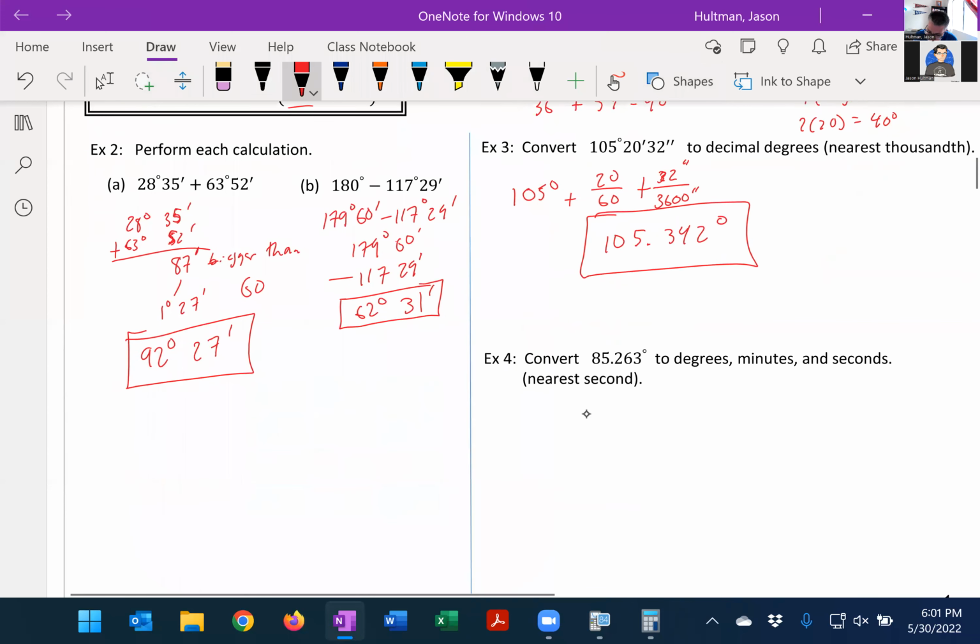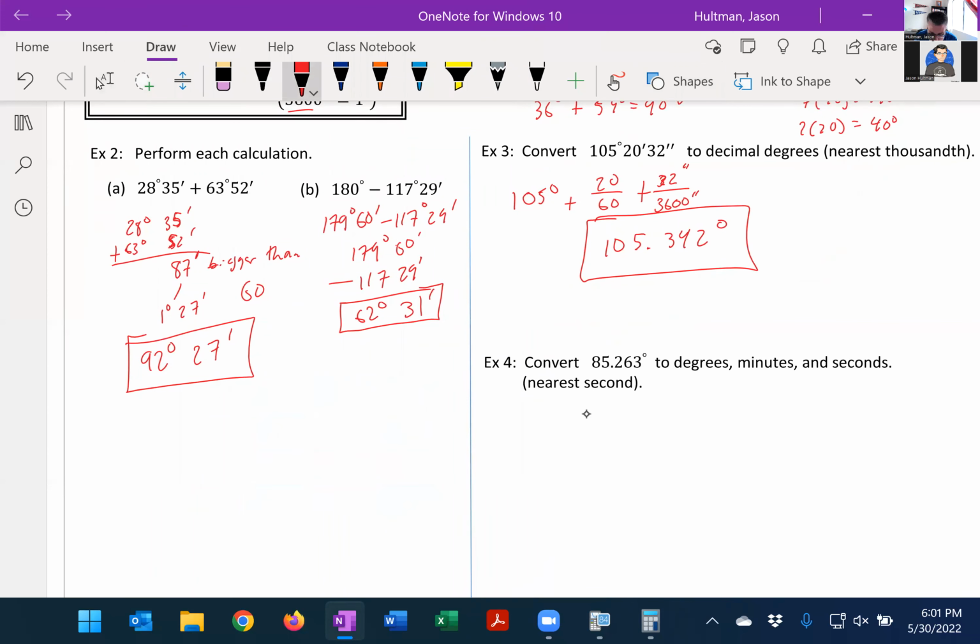Okay. Now this guy is interesting. It says convert 85.263 to degrees, minutes, and seconds. Okay, so I know that this is 85 degrees. We just want to know what the 0.263 is in terms of minutes and seconds.